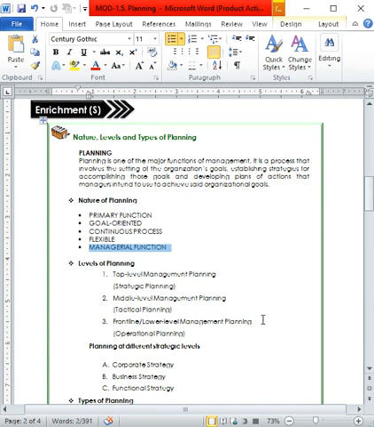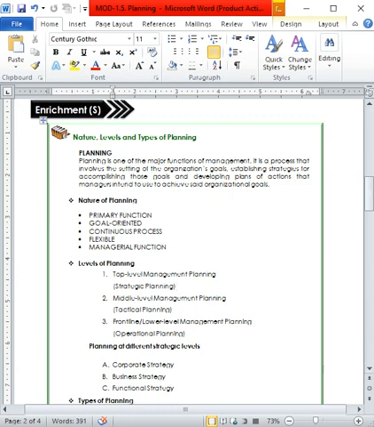We also have the levels of planning. It involves top level management planning, middle level management planning, and lastly, the front line or lower level management planning. When we say top level, of course, it belongs to strategic planning. Middle level is for tactical planning. And lastly, for the lower level, we have operational planning.